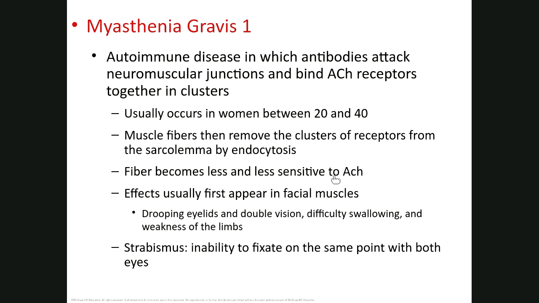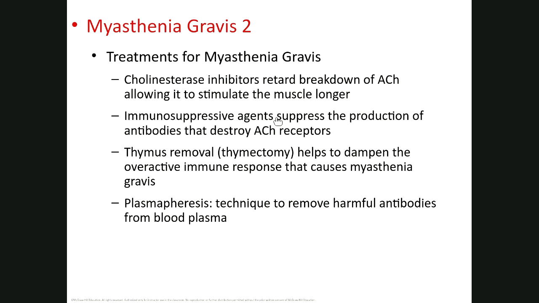Myasthenia gravis can be treated by inhibiting the breakdown of the enzyme. If we inhibit, or rather, if we hold the enzyme, therefore it's not breaking down acetylcholine, then we can make it last longer and connect longer with its receptor. That's one treatment.